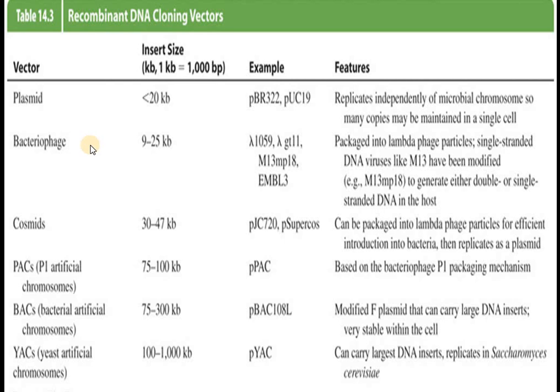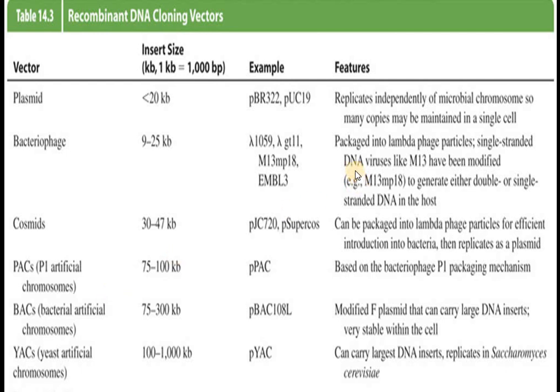And these are some artificial vectors: plasmid artificial vectors, bacterial artificial vectors, then yeast artificial chromosomes. These are also made using plasmid and bacteriophage, but they have additional cos sites. Okay, so these are important.